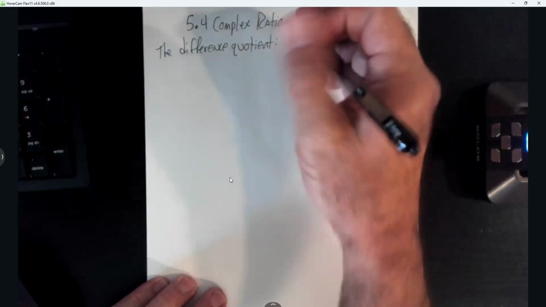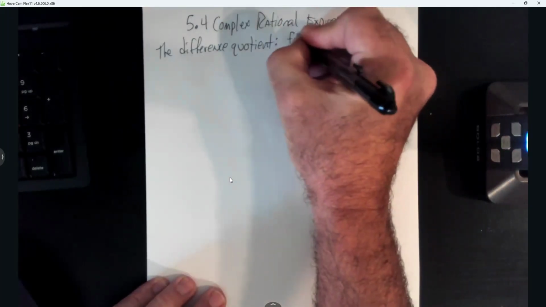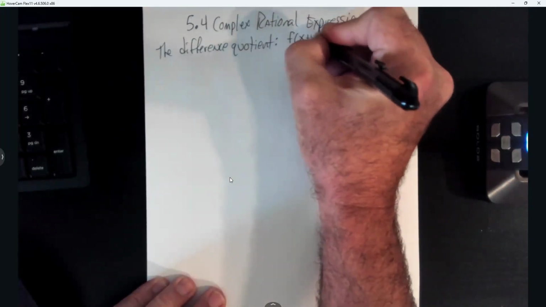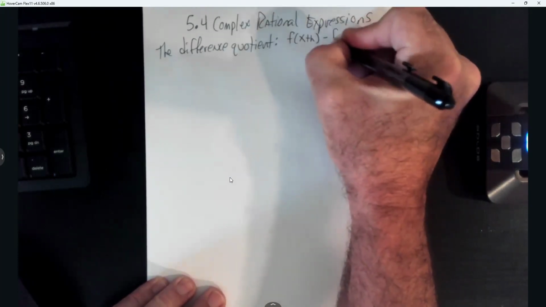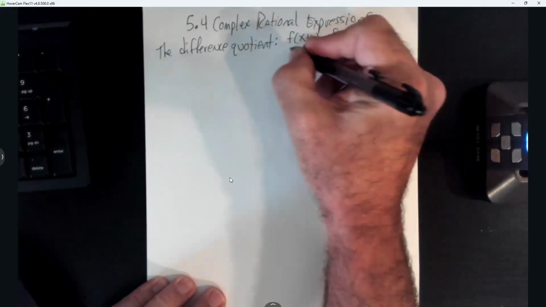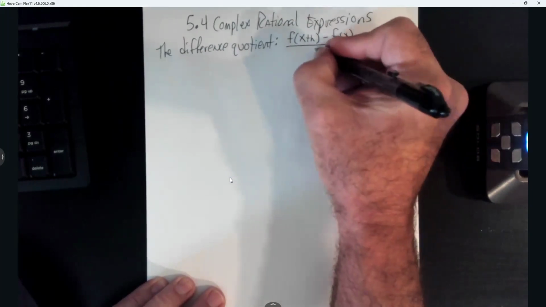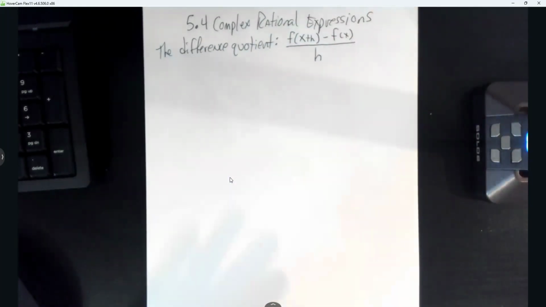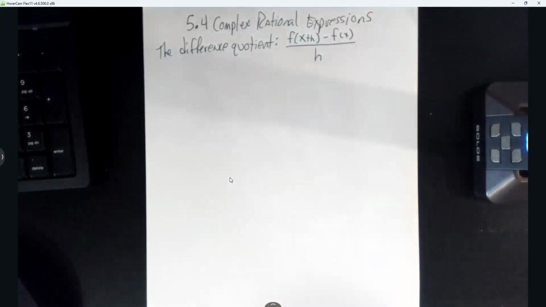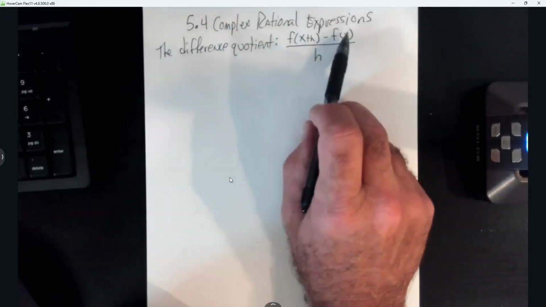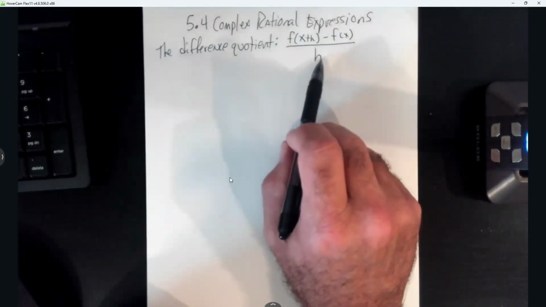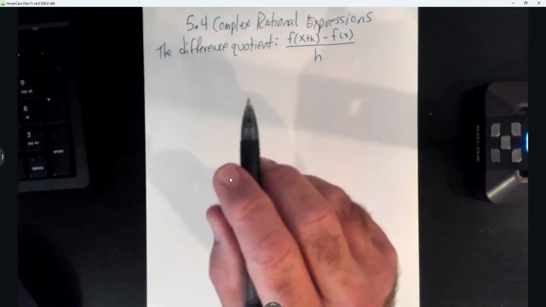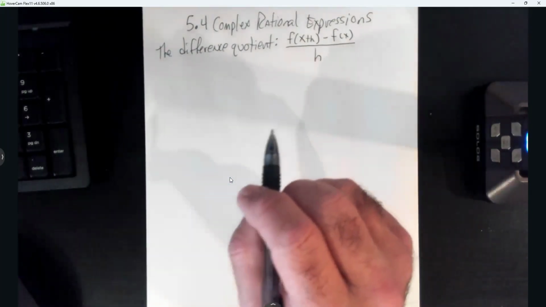It's a fancy slope formula in a way. But y'all, the difference quotient is f of x plus h minus f of x all over h. So this would be like your y2 minus y1, and then h is like your x2 minus the x1.